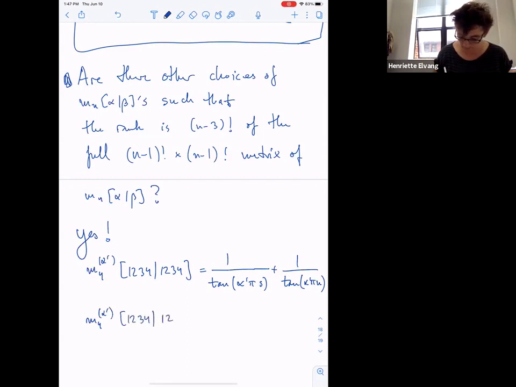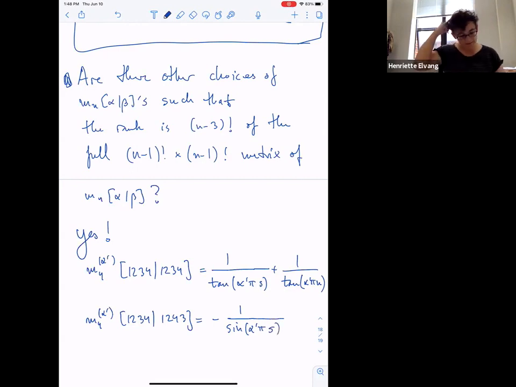If I do the other one, 1, 2, 4, 3, I'm supposed to use here minus 1 over sine of alpha prime pi t s. So basically, this replaces what we did before in the biadjoint scalar with something that looks a bit crazy. It replaces these propagators by tangents and sines.